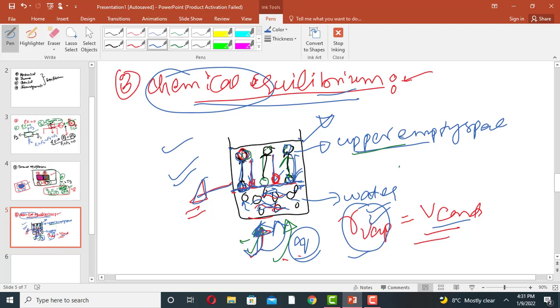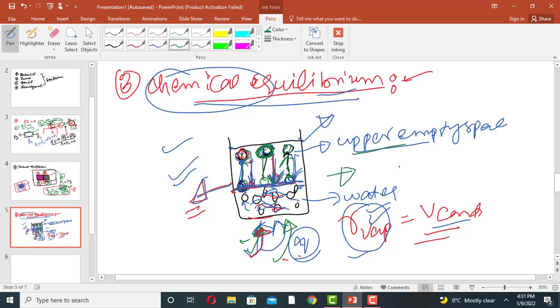And at this time, the escaping tendency of liquid water molecules from liquid to vapor will be equal to the escaping tendency of water vapor to liquid.